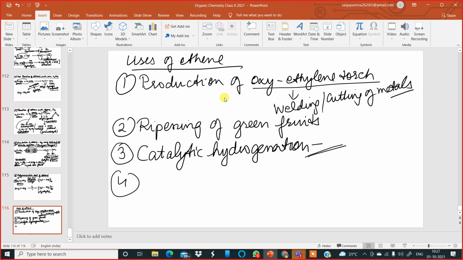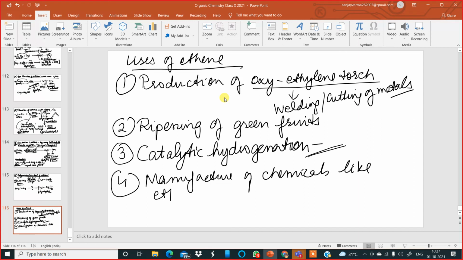The other uses are in the manufacture of chemicals like ethylene glycol, which is an antifreeze. As a solvent, manufacture of diethyl ether.